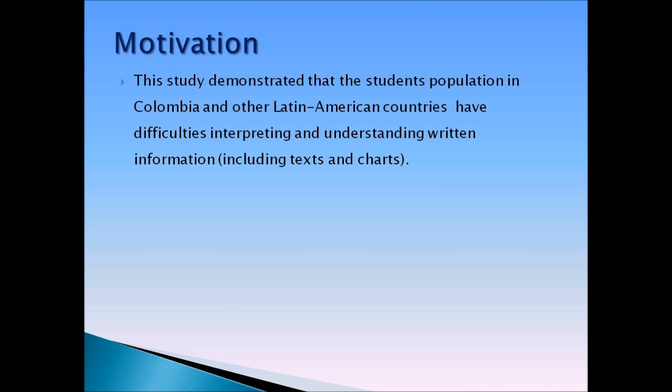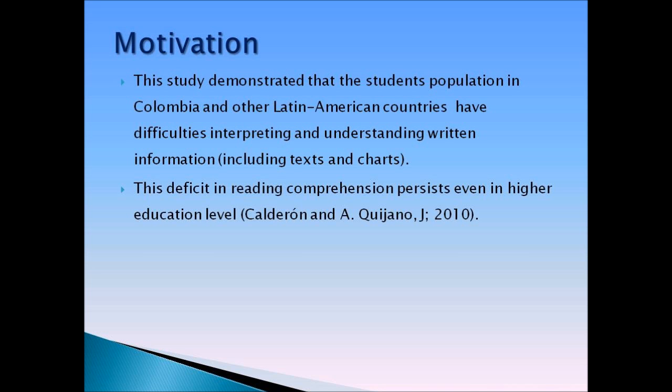This study demonstrated that the student population in Colombia and other Latin American countries have difficulties interpreting and understanding reading information, including text and charts. This deficit in reading comprehension is seen in high school graduates and persists even at the higher education level.